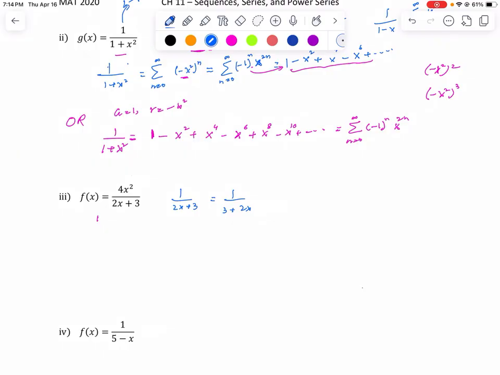The reason is I need a 1 in this place. Dividing by 3, I get 1 over 3 divided by 3 over 3, which is 1, plus 2 over 3 x. This will be equal to 1 over 3 in front, times 1 over 1 minus negative 2 over 3 x.